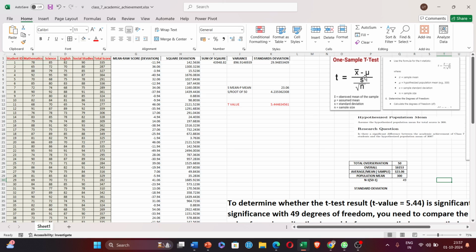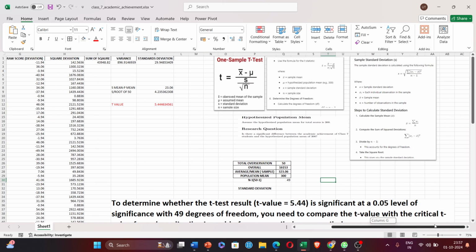So now I can do the one step. But what about the other step? The other step is S, the standard deviation. How will I go for standard deviation? For standard deviation, we have the formula.